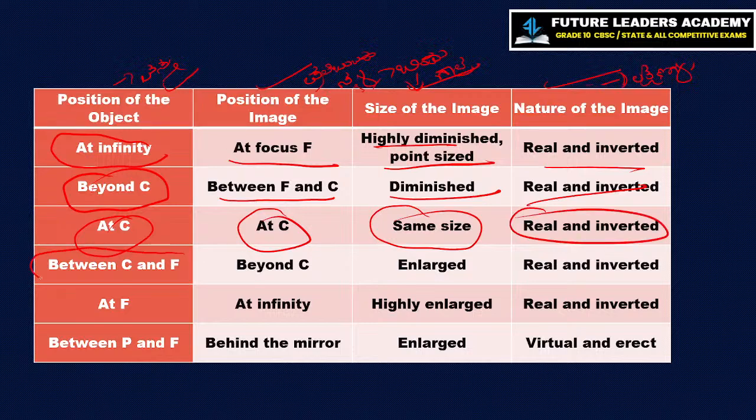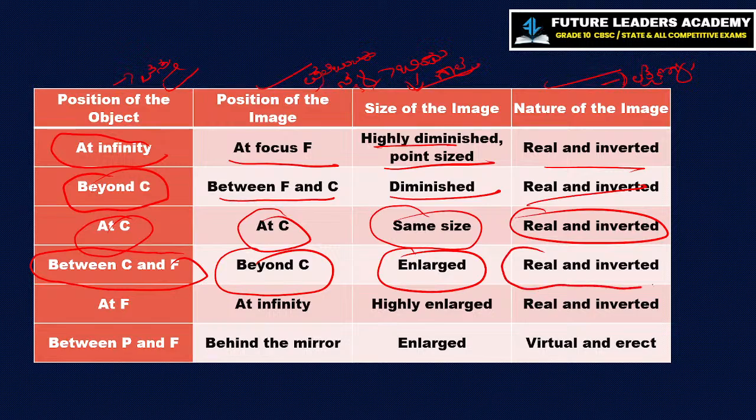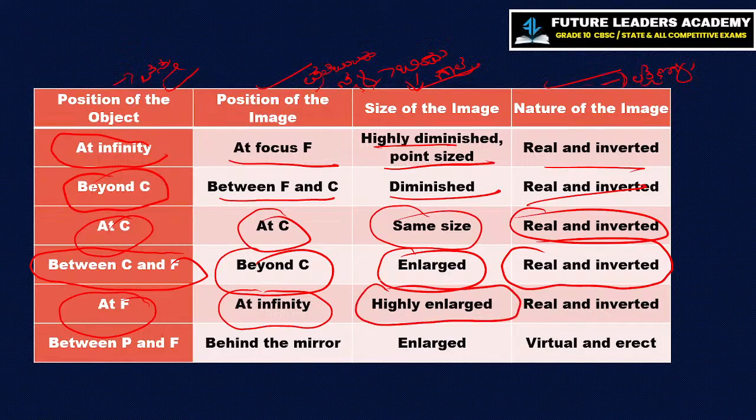Then next is the object between C and F. The image goes beyond C. Then the image will be enlarged, real and inverted. At F, the image is at infinity, highly enlarged.